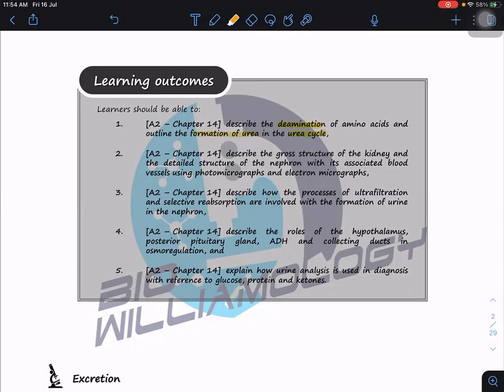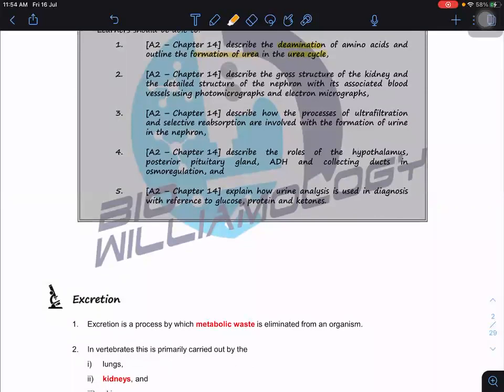And then after this, we're going to describe the gross structure of the kidney. Gross structure means the gross anatomy, in terms of what you can see without using a microscope. And we need to know the detailed structure of the nephrons with the associated blood vessels using photomicrographs and electron micrographs.